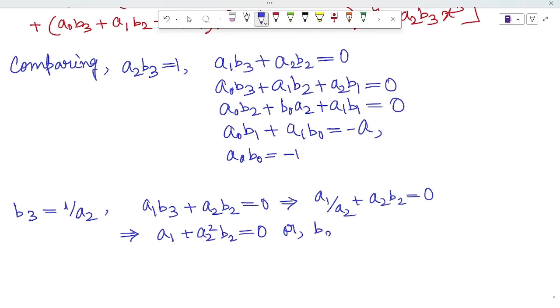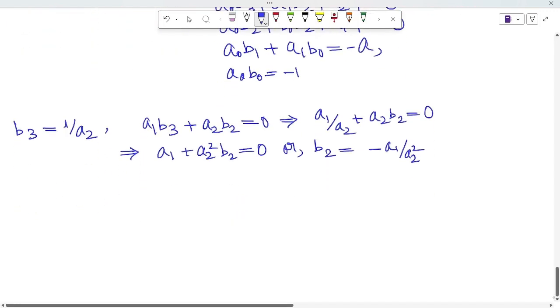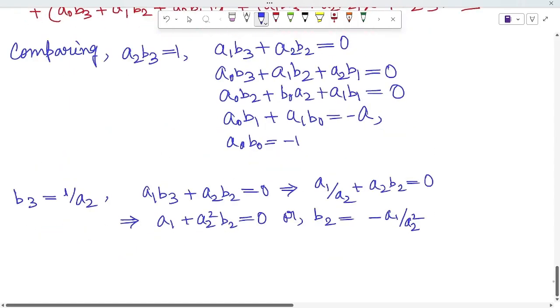Then what is B2? B2 is minus A1 by A2 square. Be careful about silly printing mistakes. Okay, B2 is gone, B3 is gone.